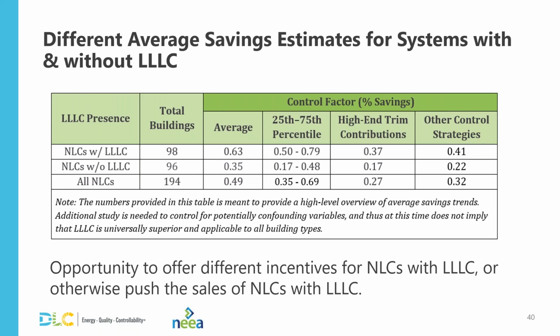The big thing when you're looking at it as a single pot is if you're getting more of the NLCs without LLLC in your system, in your program, and you're counting that higher number of 49% or 47% and 50%, you may not be getting that savings out of the program because you might not be seeing that number, as we're seeing that the averages are lower.